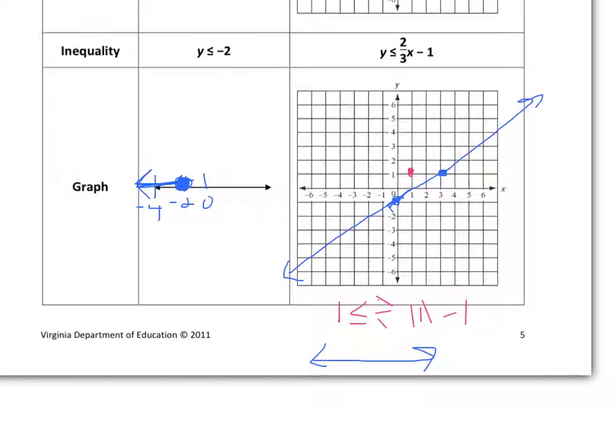Okay, so here for x and y I filled in 1. So now I get 1 is less than or equal to 2/3 minus 1, which would be negative 1/3. Okay, so is 1 less than that? No, it's not. Okay, so because it's not true, I'm shading in the opposite side of the point I chose.